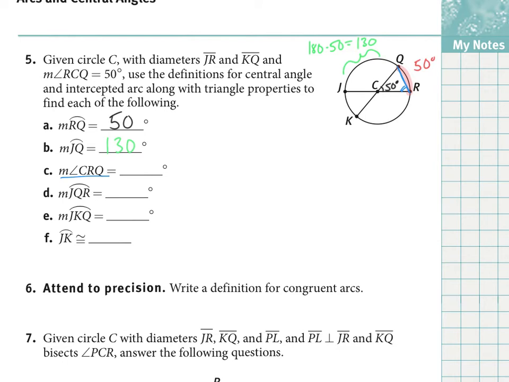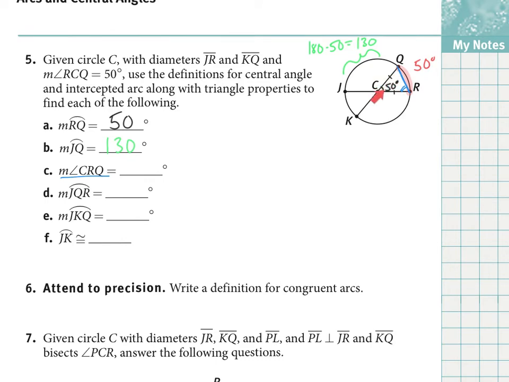I drew a straight line connecting Q and R. How do I figure out this amount? Well, keep in mind, both of these, CQ and CR, they're radii. So aren't they congruent to each other? Couldn't we put a congruence tick mark here and here?